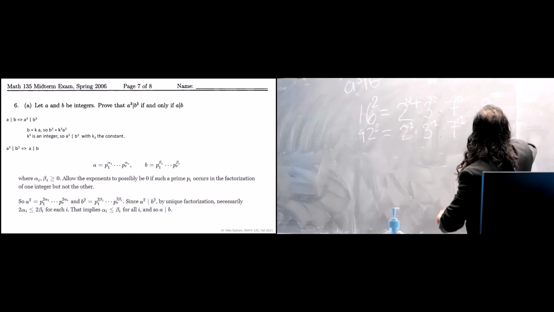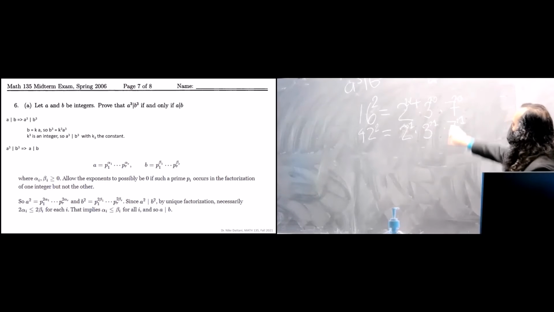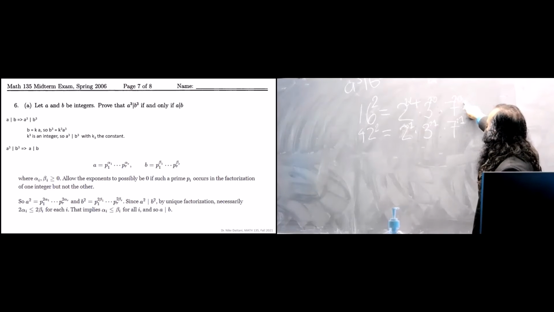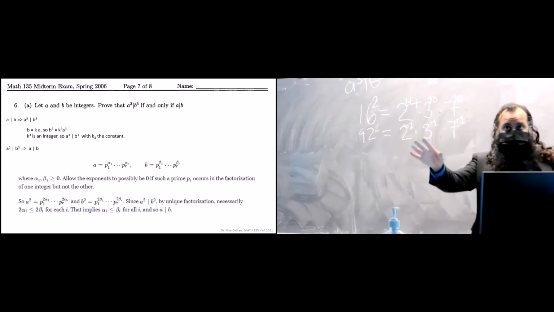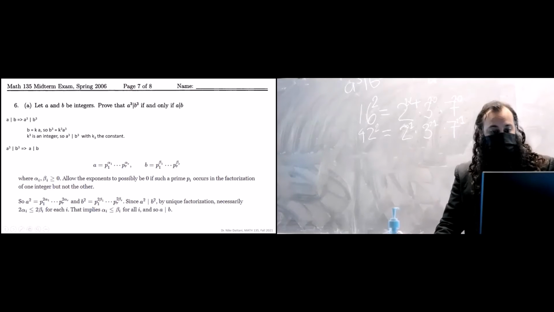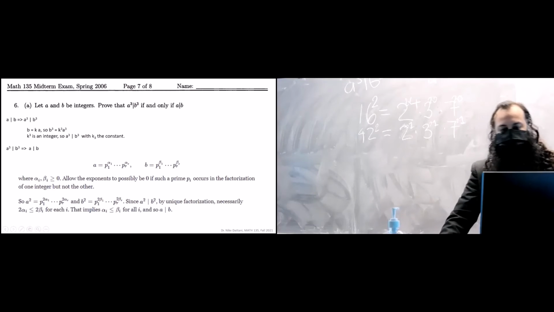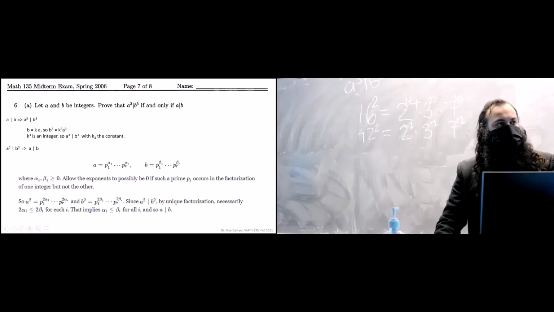It's too big. So all of these exponents have to be smaller than or equal to the exponents here. Look it over at home when you get the chance. So we have alpha i is less than or equal to beta i for all i, and that means that a divides b.